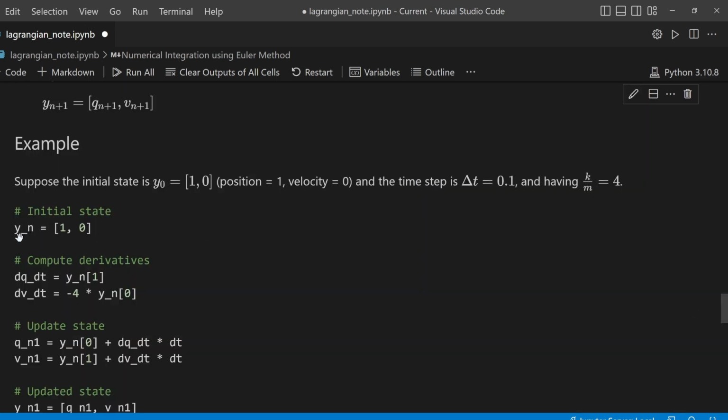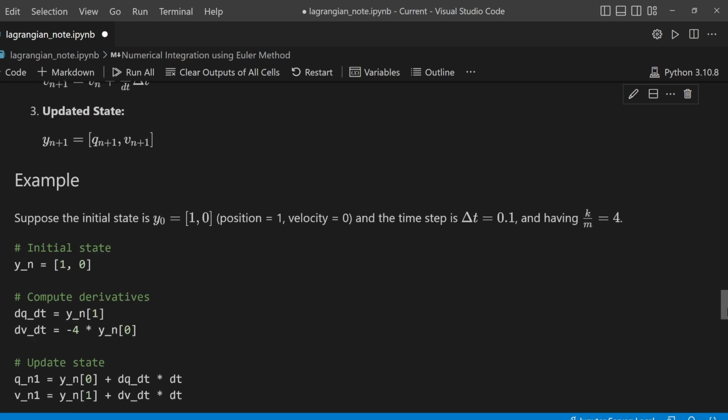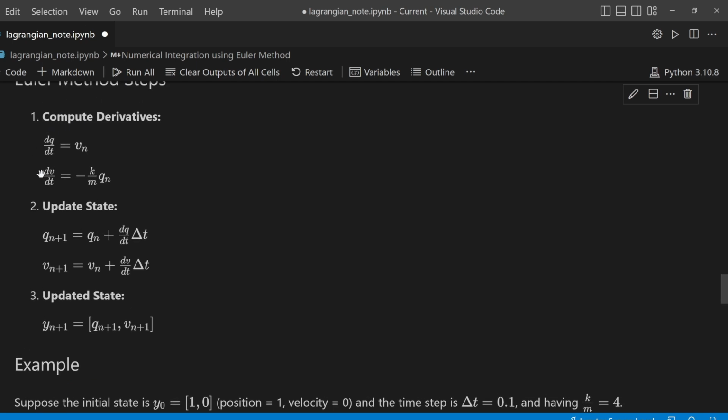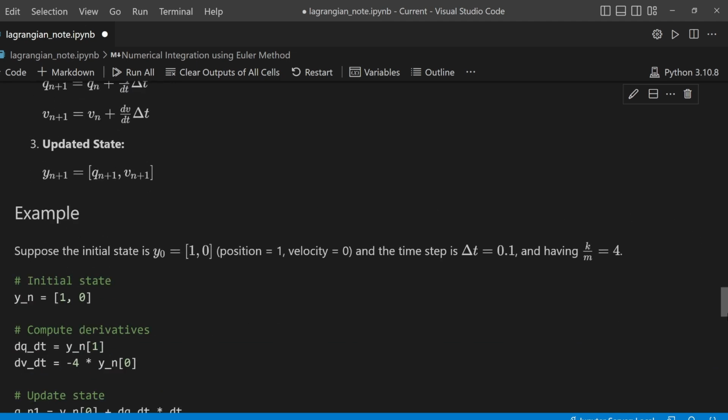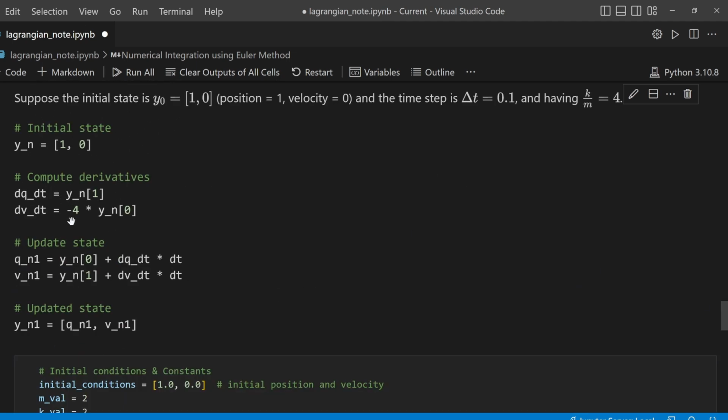Okay, so we have yn equal to [1, 0], and then by using this system right here, remember, yn is equal to [1, 0]. So here this is equal to 0, and this is equal to minus 4 times 1. You see here, minus 4 times yn of 0, which is 1.